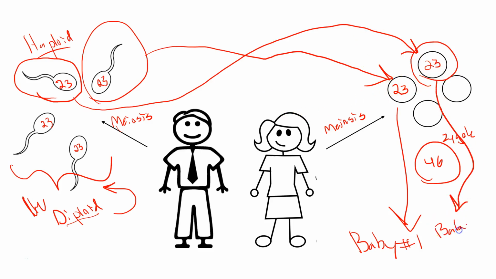And as we all know, baby number two is not going to be an identical clone to baby number one. So that should tell you that the DNA that is in all of these cells is different. And the DNA that's in all of these cells is different, because if the DNA in all of these cells was the same, when this sperm met this egg, it would create baby number one, and when this sperm met a different egg, it would create a baby that's an identical clone.